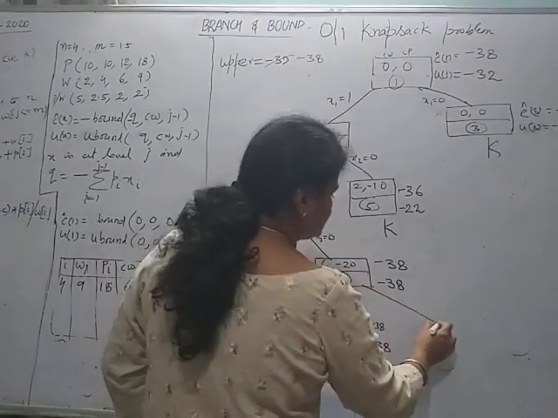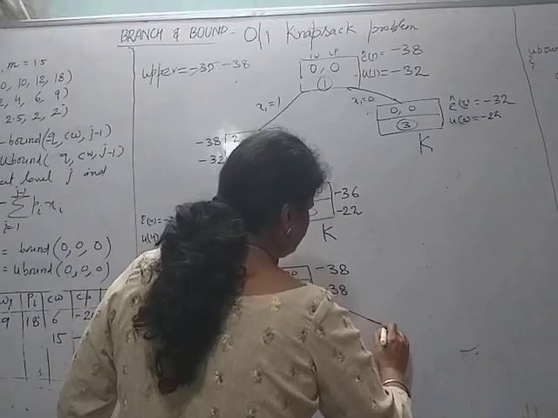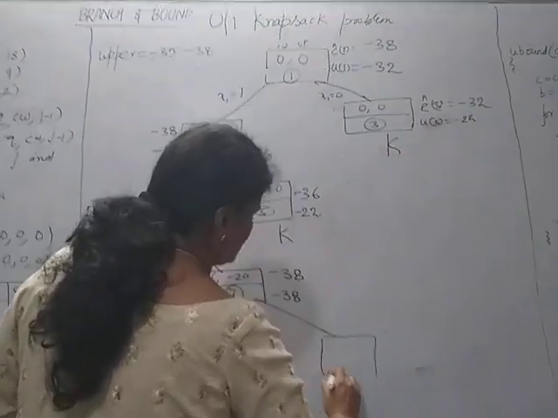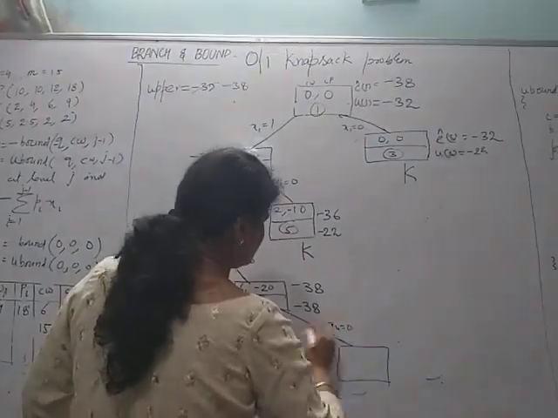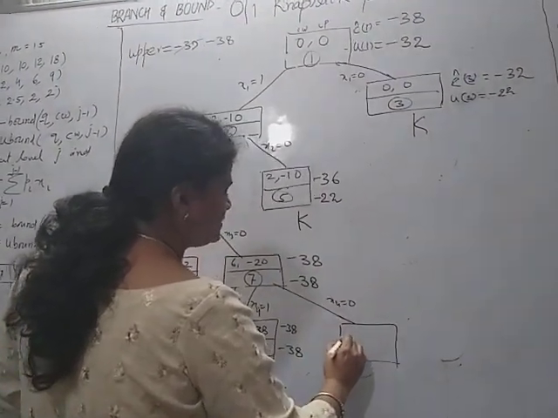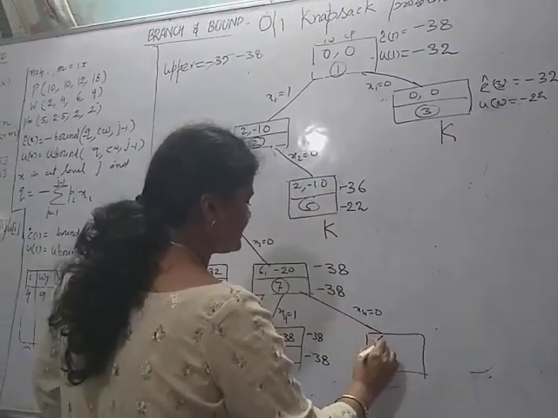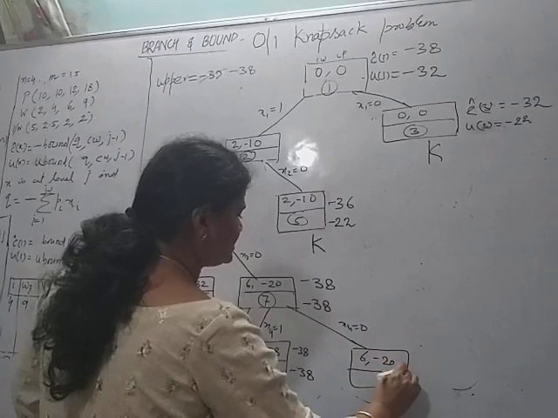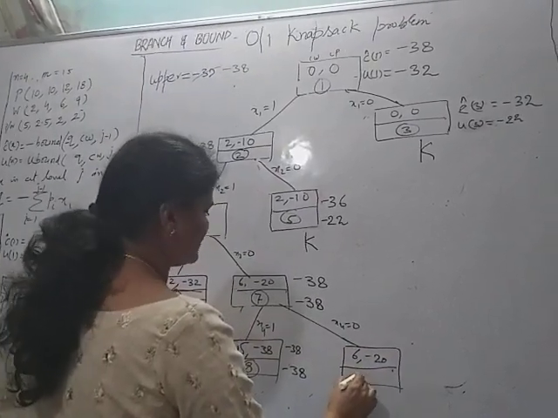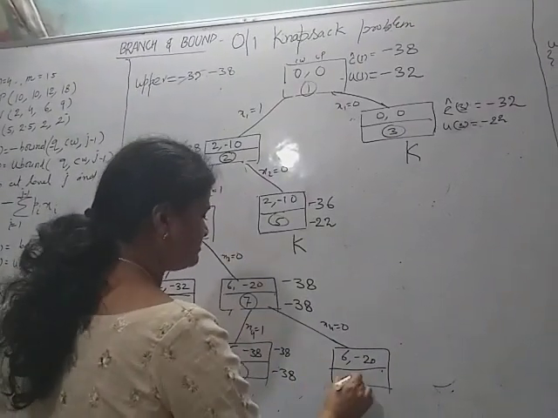Now if we consider this branch, x4 equal to 0, then the 6 minus 20, and the node number is 9.